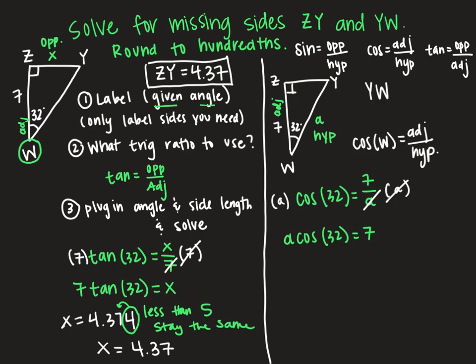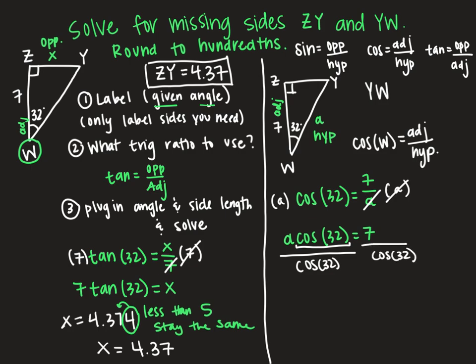One thing I remember while I'm doing these problems is that the cosine of this angle, or if it's tangent or sine, whatever it is, it comes as a package deal. The angle and the trig ratio are always together. So if I move the cosine, I have to move that 32 as well. I'm going to divide this whole side by cosine of 32, and then divide the other side by cosine of 32.